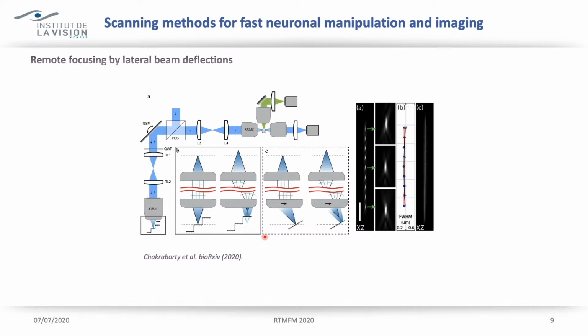This is, for example, the case in this work where authors scan a laser beam laterally in a remote focusing system, and the beam is then back reflected from different heights of a stationary mirror in image space. If on the return path of the back reflected light, the lateral scan component is perfectly compensated, a pure axial scan motion at the rate of the employed lateral scanning technology is obtained.